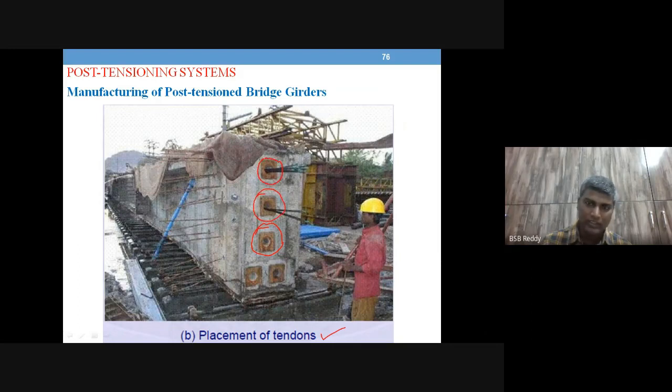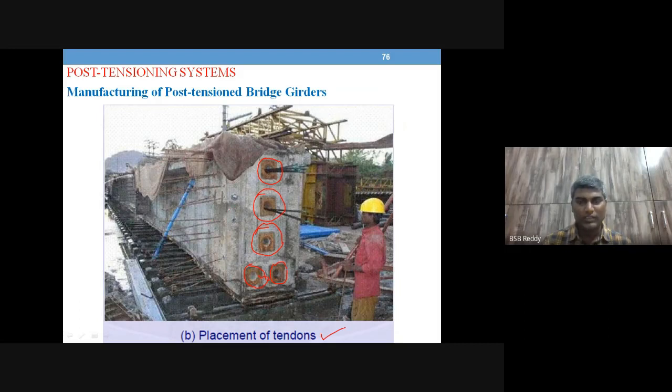You can see that these are the bearing plates inserted at all 5 locations wherever there is a duct. With that reinforcement cage, the concrete is cast and left for hardening.